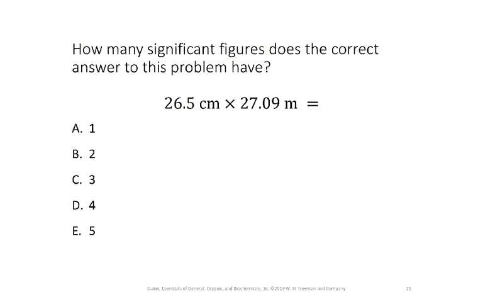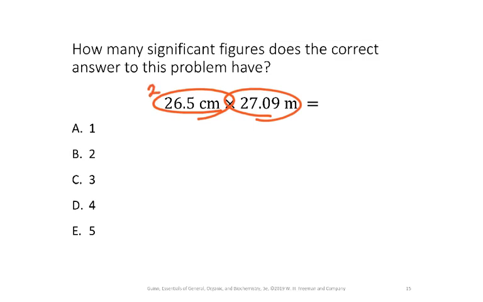Here's a question. How many significant figures does the correct answer to this problem have? We don't even care what the answer is, just how many sig figs. So all you need to know is how many does this number have, and how many does this number have, and which number is the fewest.